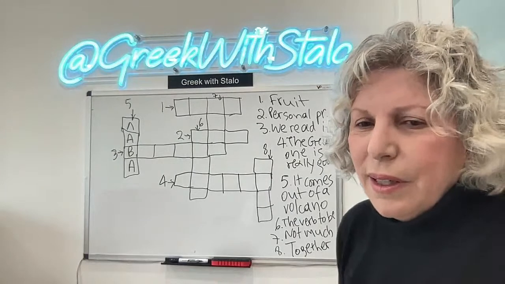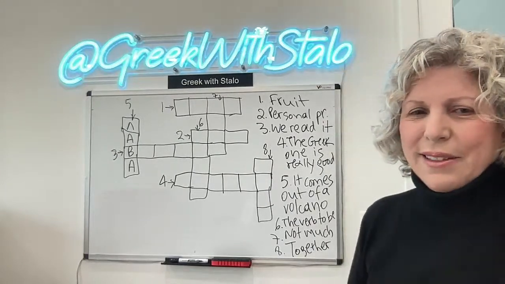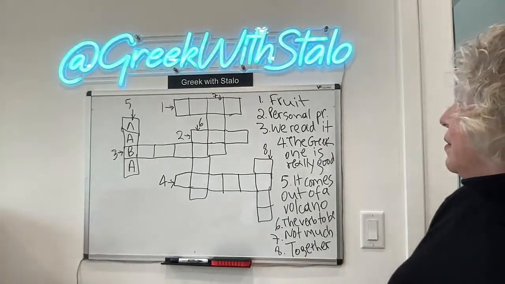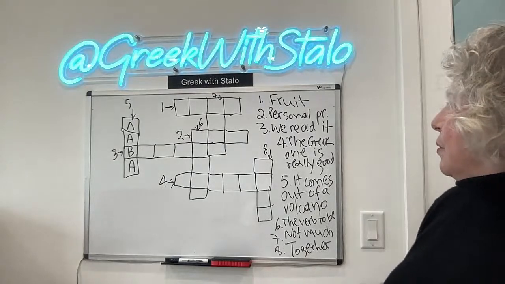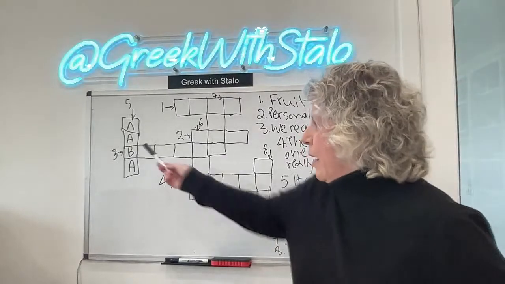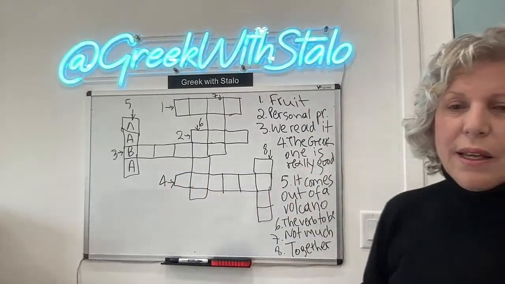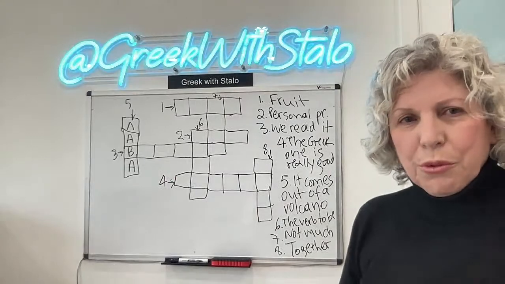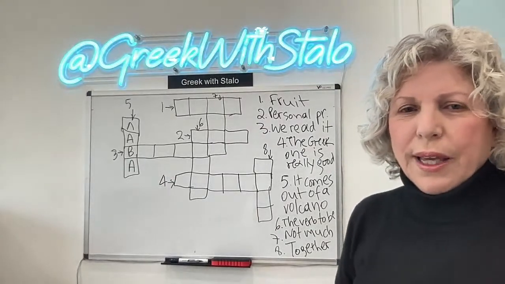Any other volunteers? Any other guesses? What is number 3, for example? You already have the vita. And number 3, the definition is we read it. What can it be?